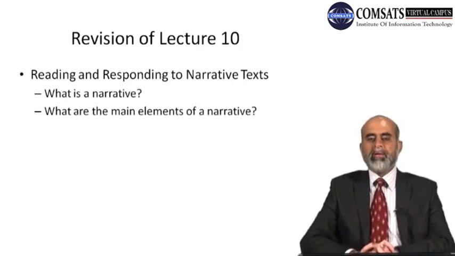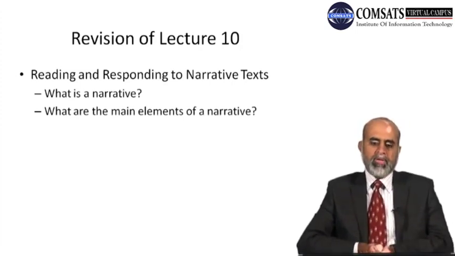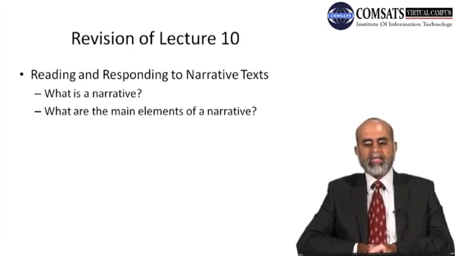Okay, what are the main elements of a narrative? Suppose a story, what are the main elements of a story? That's right, setting, characters, dialogues, and a plot. And a plot usually has different elements within it.